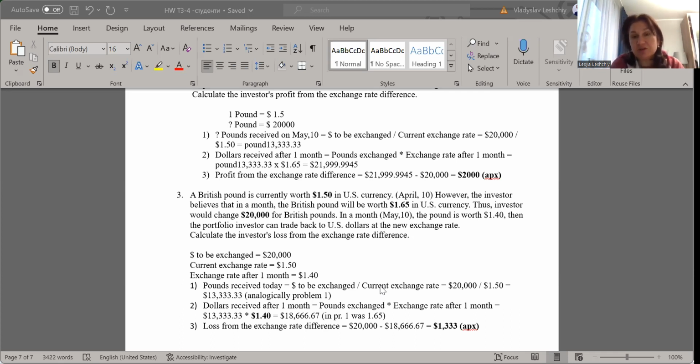And so the last action, 20,000 minus 18,667, is $1,333. It's the loss of the investor.